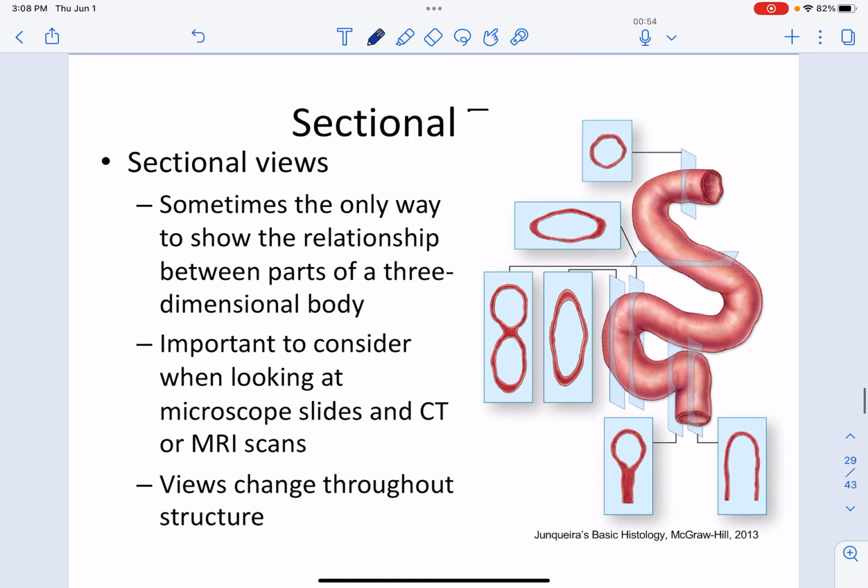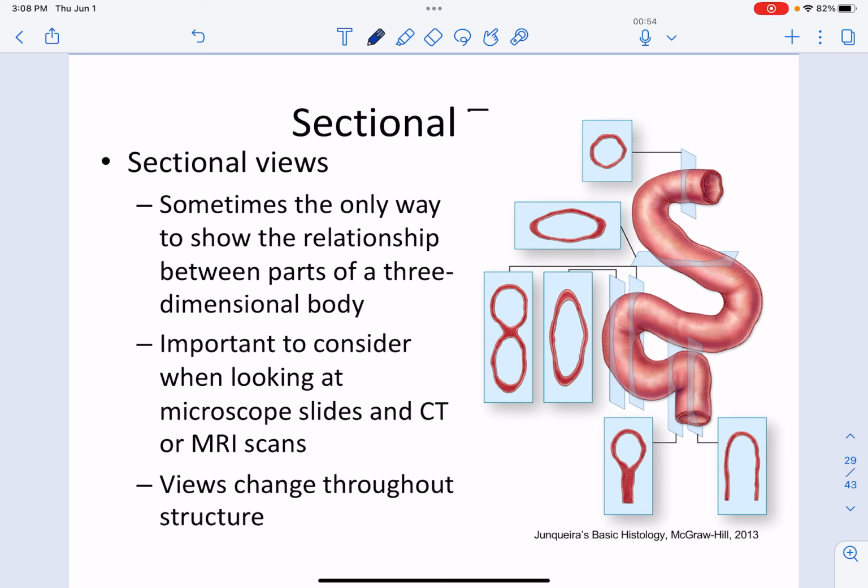All right, another topic to talk about is sectional terms. Lots of times in anatomy, we have to take sections of anatomical structures. We have to take slices, and this can sometimes be hard to interpret, especially when you're looking at it under the microscope.